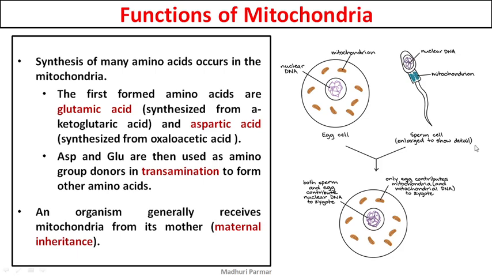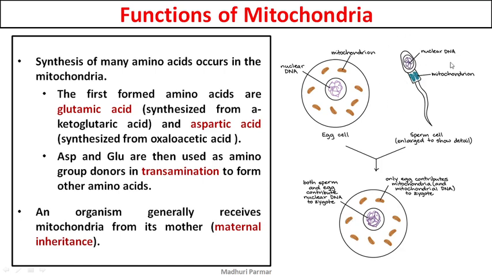Why? When you look at the egg cell, or an ovum, the egg cell has a lot of mitochondria. Even the sperm has mitochondria in its middle part. But after fertilization, only the head or the nucleus of the sperm can enter inside the cell.